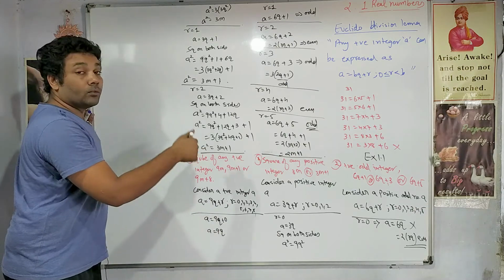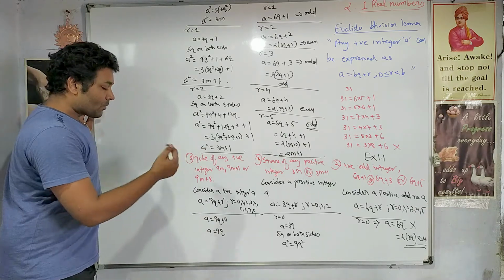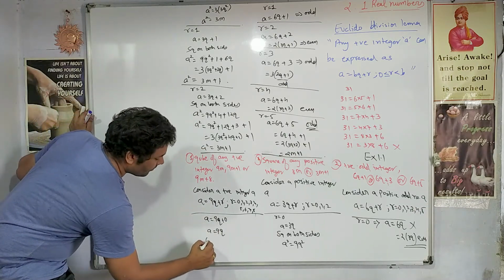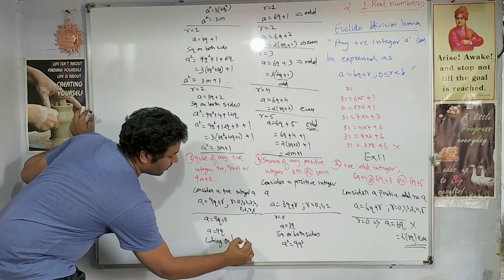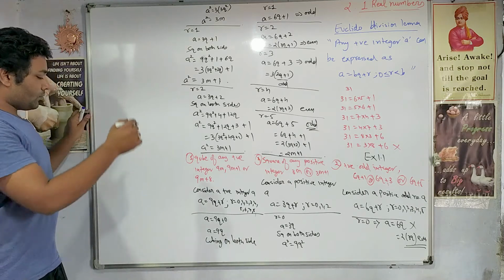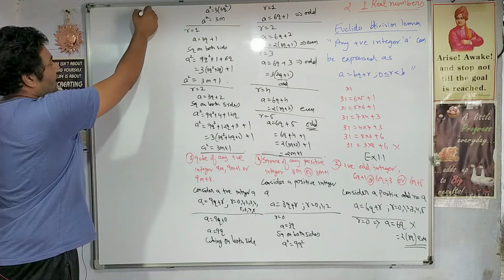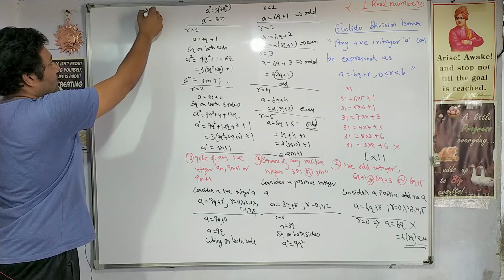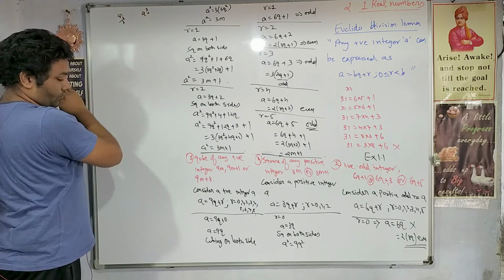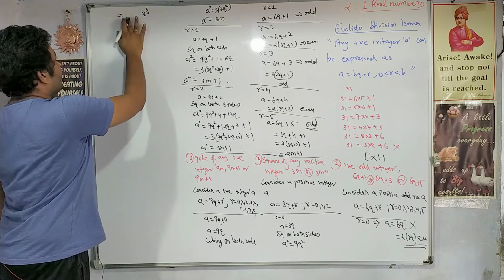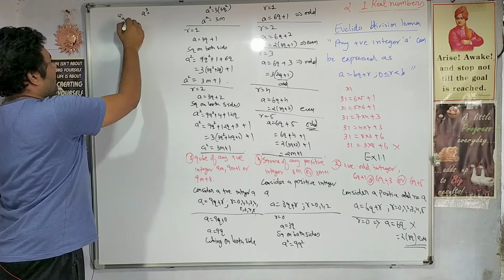Now here, cube of any positive integer. So let us cube it. So cubing on both the sides, what will you get? I will get a cube is 81, 9 3s are 27, 81 9s are 729, right?